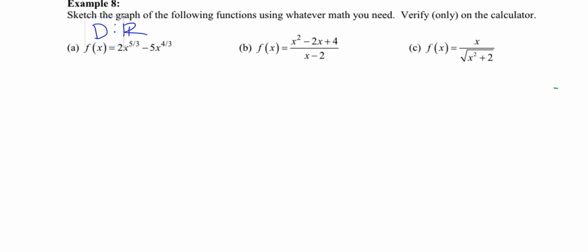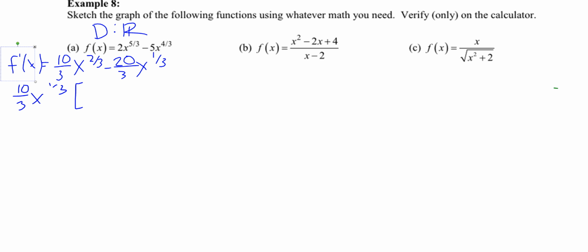So I'm going to just start out by finding the first derivative. I want to know where it's increasing, decreasing, or whether it's constant at all. So as I take the first derivative, I'm going to be looking for critical values. If I factor out least powers here, that will probably give me my easiest way.